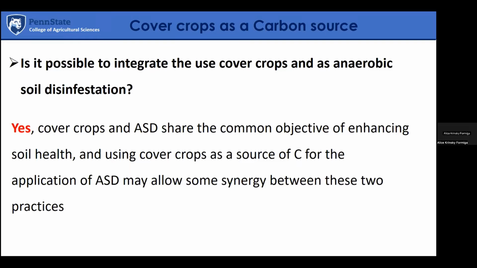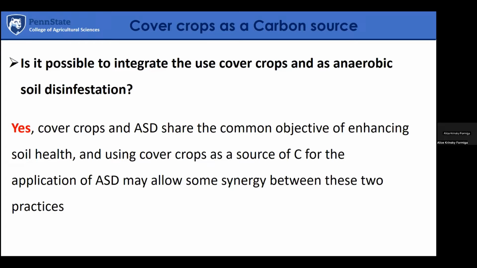But then the cover crop is also used as a carbon source, and ASD will have, in addition to the effect of the cover crop, another effect on suppressing weeds. So the way we see this is really integrating two approaches to better control weeds, for example, but this can apply also to soil-borne pests and pathogens like nematodes, for instance.